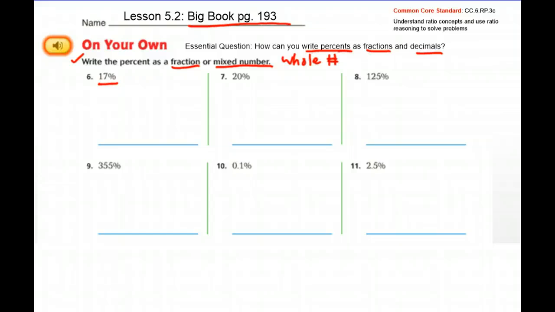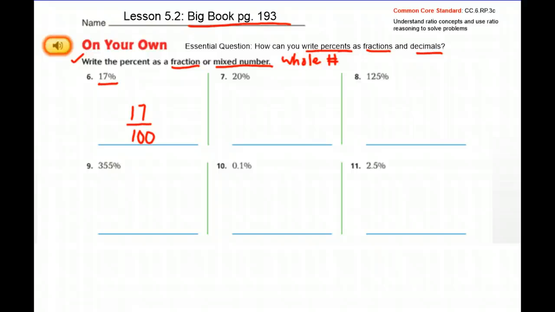Percents are ratios that compare a value to 100. So if I have 17%, then I am looking at the fraction of 17 over 100. I do not have to reduce this fraction because there is no common factor between 17 and 100.